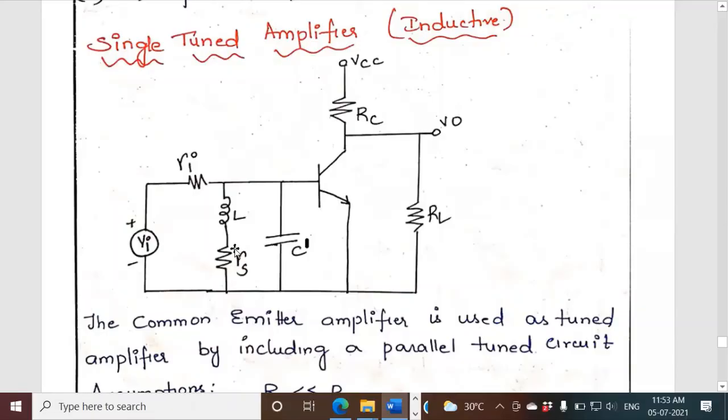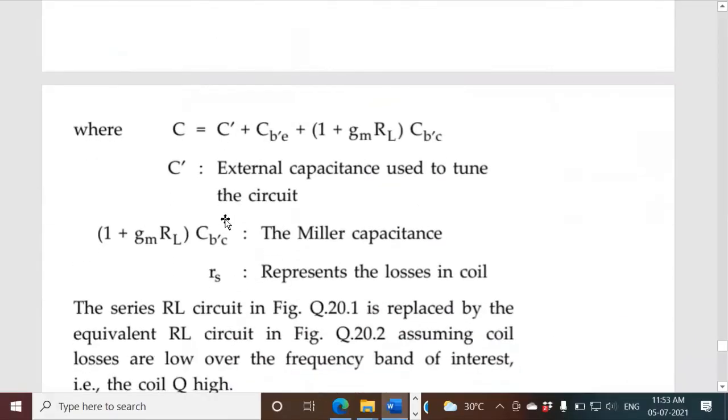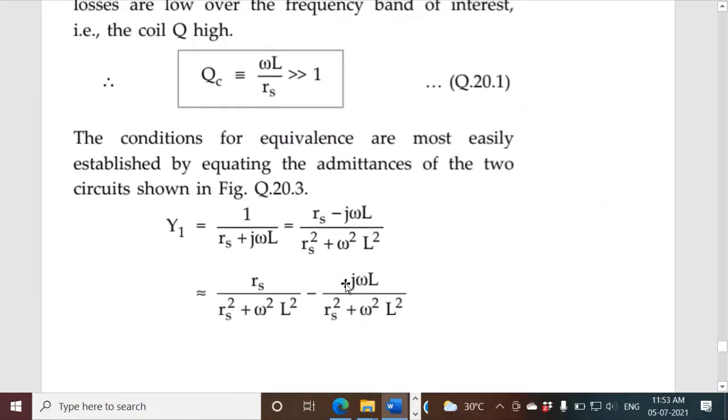It is Rs plus j omega L. Admittance is the reciprocal of impedance, and the impedance is Rs plus j omega L, so admittance will be 1 by Rs plus j omega L.